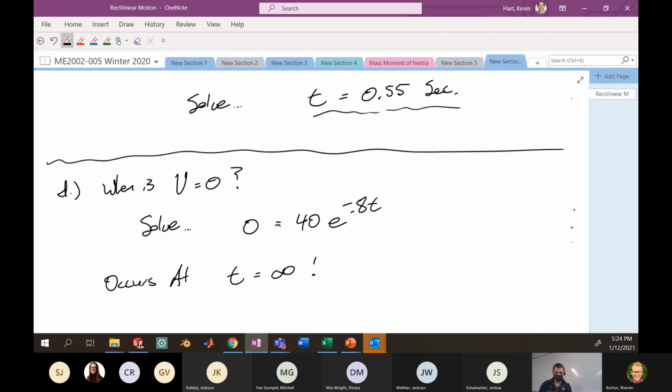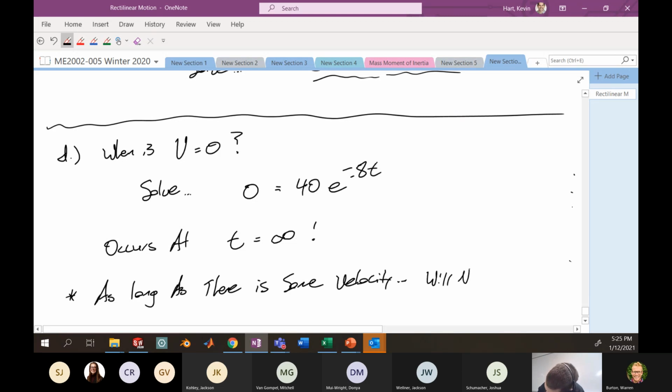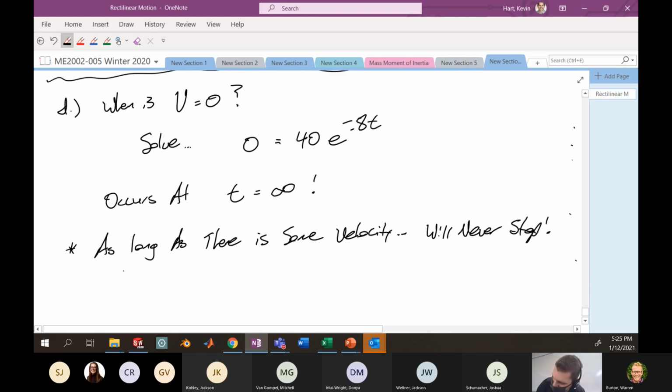Takes an infinite amount of time for this particular thing to stop moving. So the point is, given this general definition, as long as there's some velocity, it will never stop. It's the idea of, if you keep cutting something in half, it will never go away. Just keep cutting it in half. How long does it take until you get nothing left? Infinite cuts. So with this definition, you never stop.